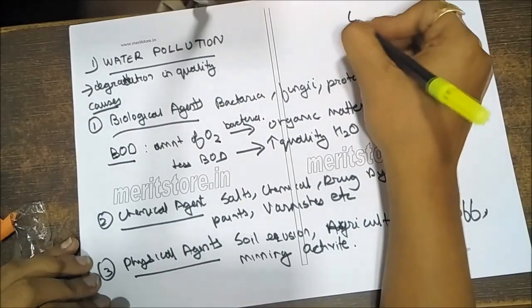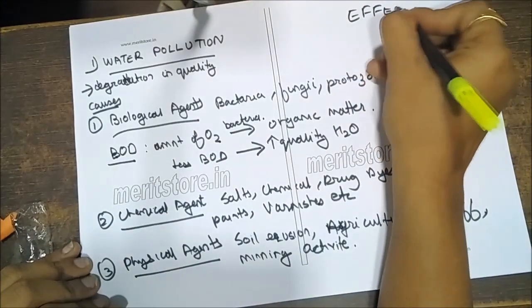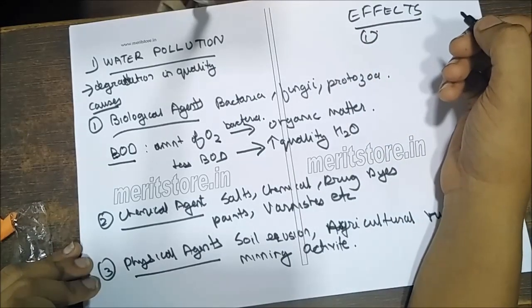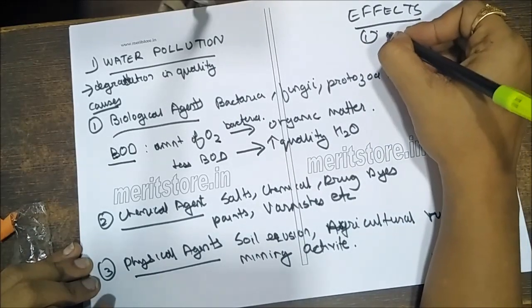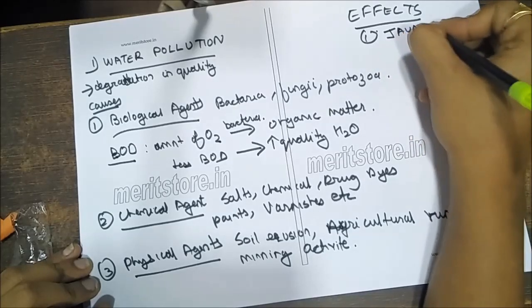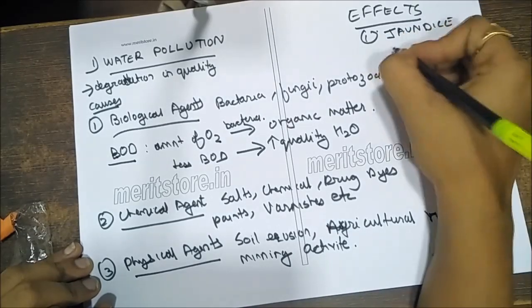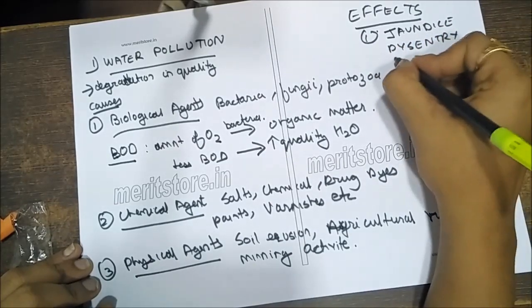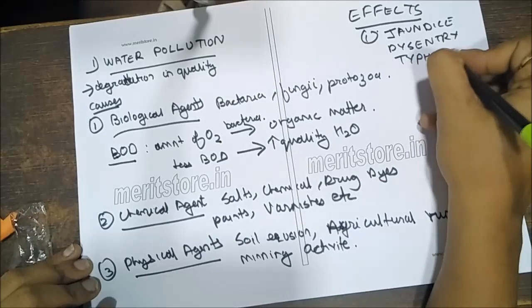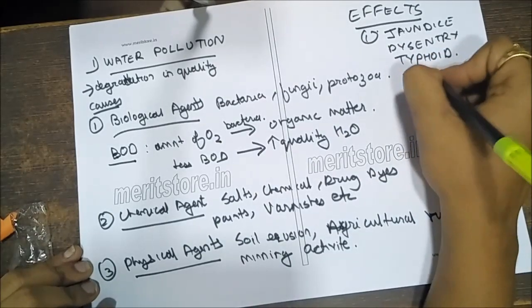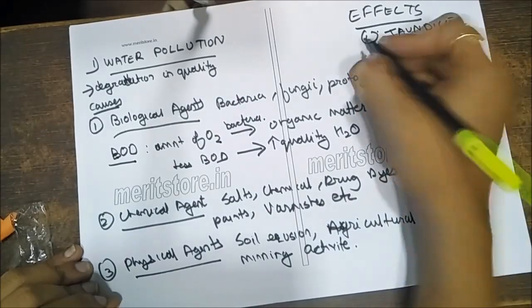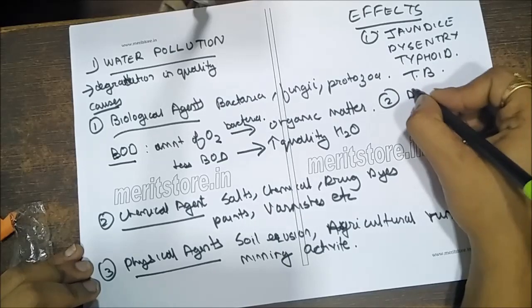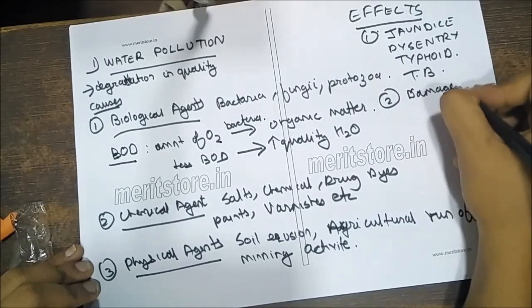Okay. Now what are the harmful effects of water pollution? It will cause a variety of waterborne diseases: jaundice, dysentery, typhoid, tuberculosis, etc. Polluted water used for irrigation damages crops, so it damages plant life.